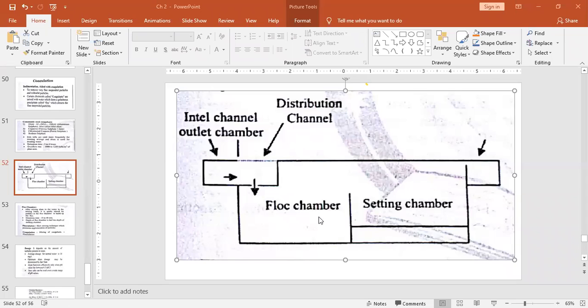In the flock chamber, the mixing and conversion of flock can start, and these flocks can be settled down in the settling chamber. So this is known as sedimentation with coagulation. Okay, so draw this figure, sedimentation with coagulation.